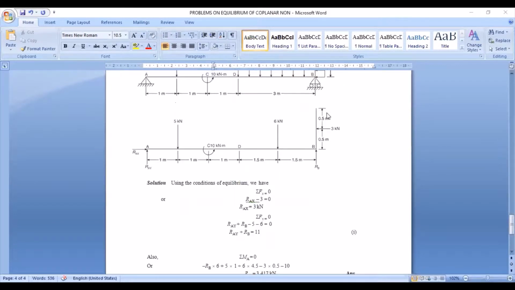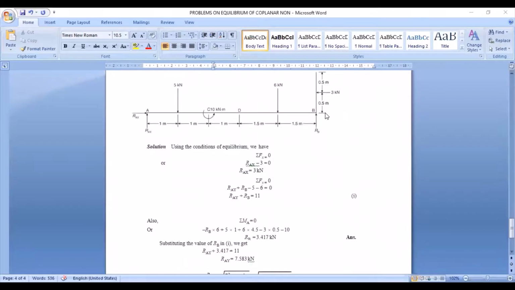Okay. So now let us apply equations of equilibrium in order to calculate the unknowns. Since we have horizontal forces acting in the diagram, we shall apply sigma Fx. So how many horizontal forces are there? There are only two horizontal forces, that is Rax and 3 kilonewton.